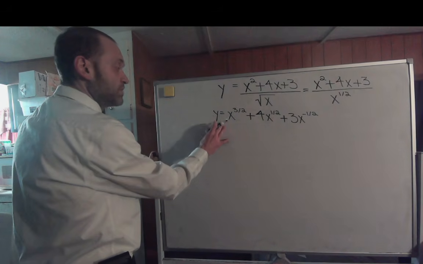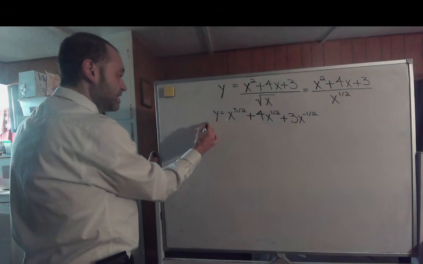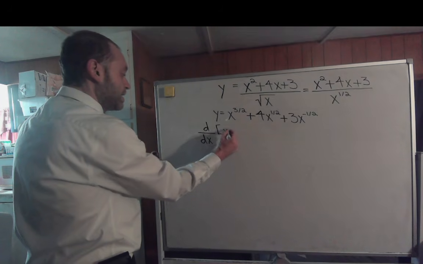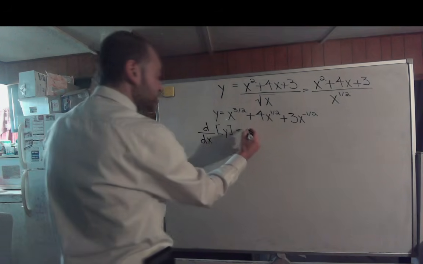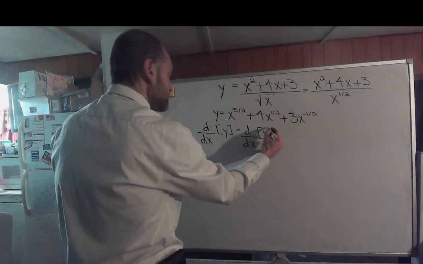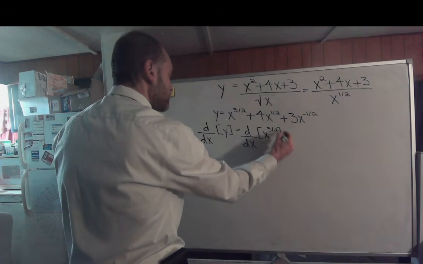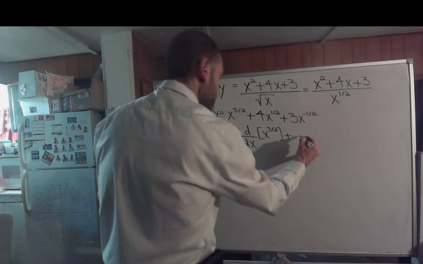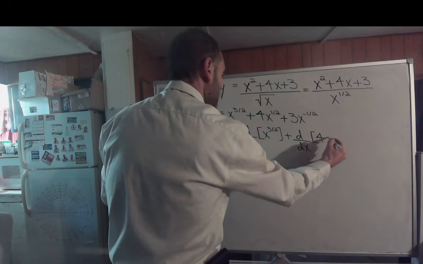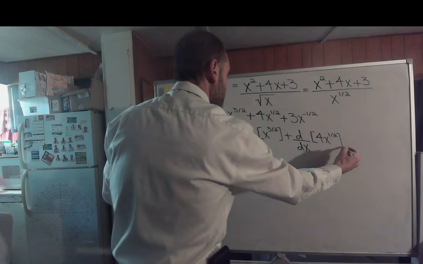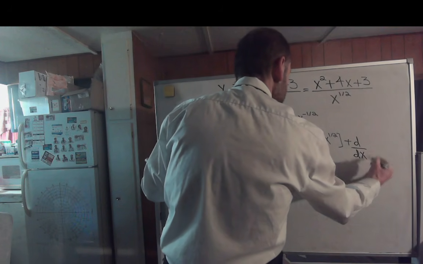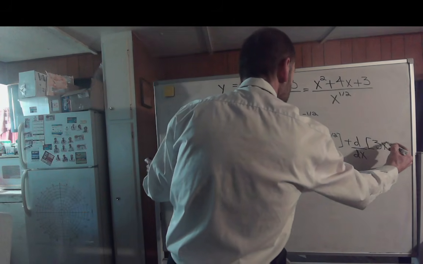So we want to find the derivative of this function with respect to x. So we're going to take the derivative with respect to x of y, set that equal to the derivative with respect to x of x to the 3 halves, plus the derivative with respect to x of 4x to the 1/2, plus the derivative with respect to x of 3x to the negative 1/2.